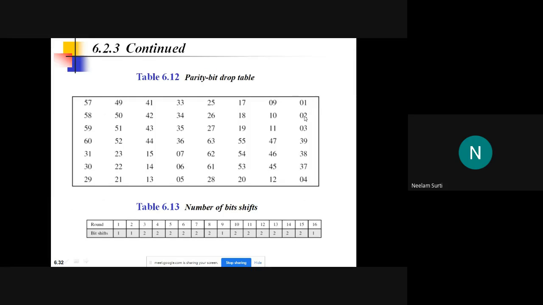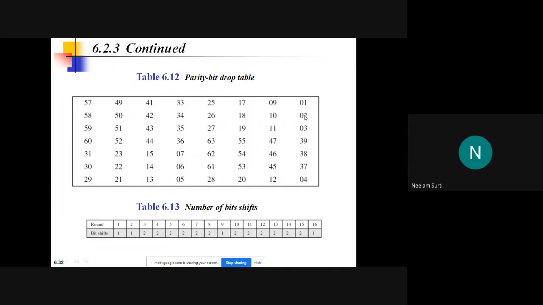Bit number 2 has to be placed on position number 16. Likewise, this is the output, because from 64 bits you are converting that into 56 bits, and these are the exact 64 bits from which bits are converted into 56 bits.